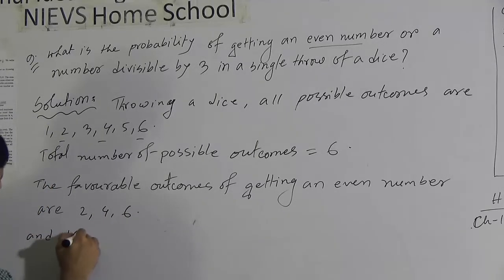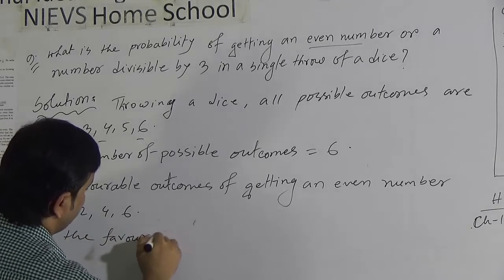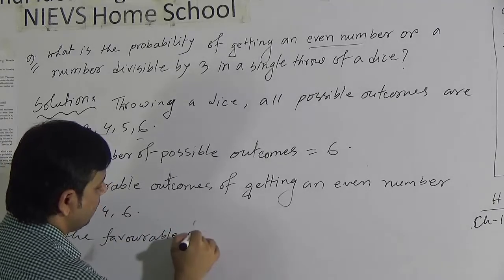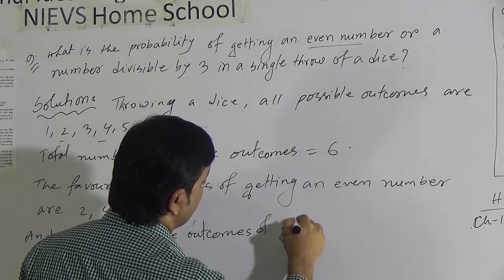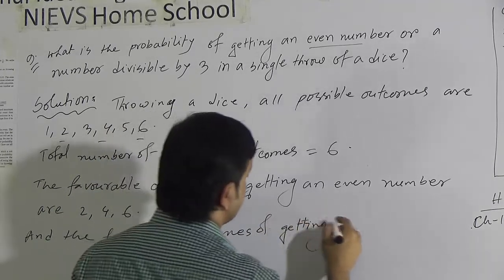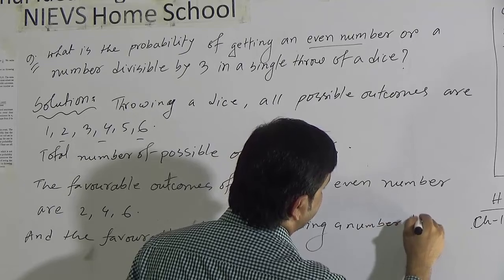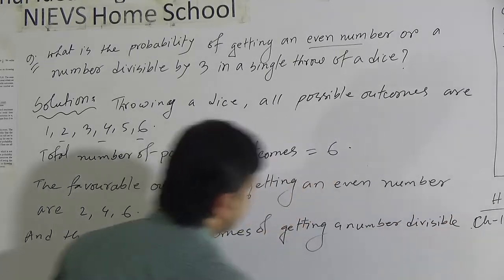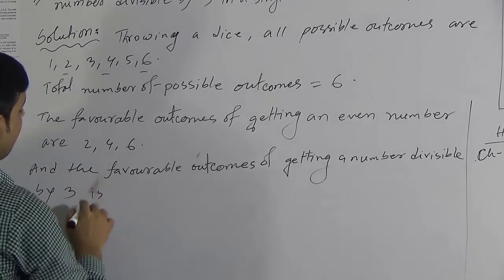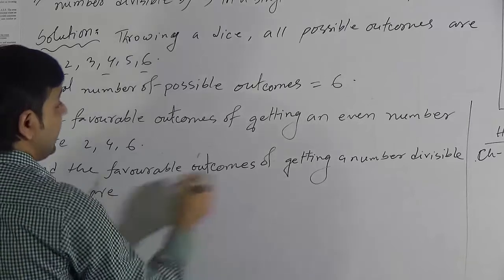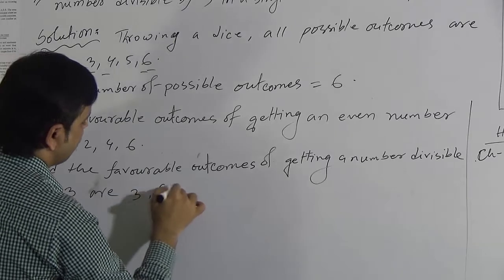The favorable outcomes of getting a number divisible by 3 are, in case of divisible by 3, we will get two outcomes, 3 and 6.